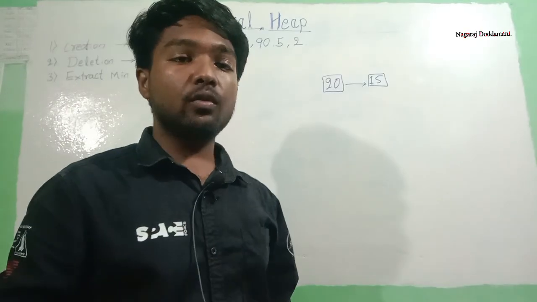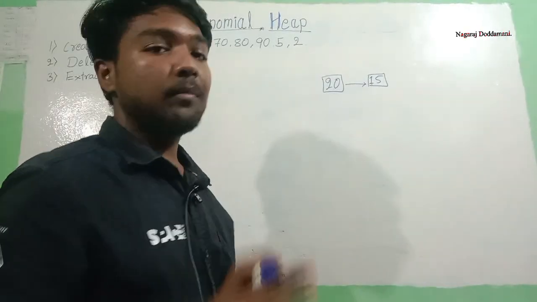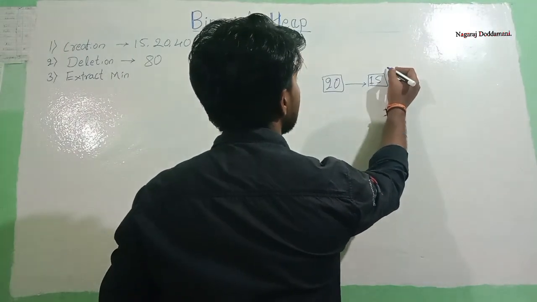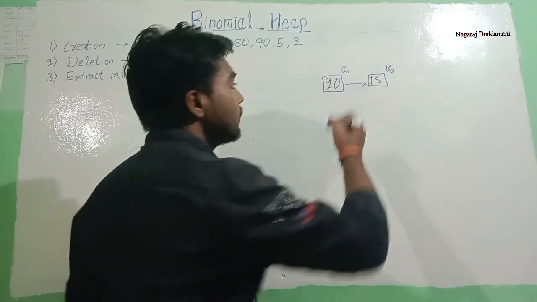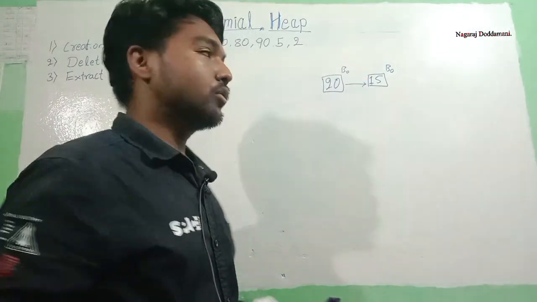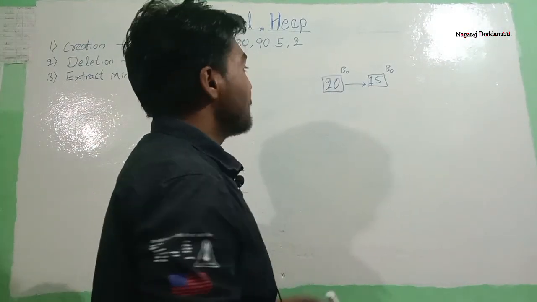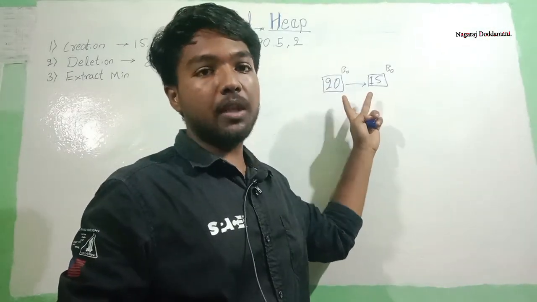Here we need to check if the trees have the same order or not, so we need to calculate the order. This one has an order of 0 and this tree has an order of 0. So the two trees have the same order, so we need to club them and make a single tree. Here we need to check which node has the minimum value.